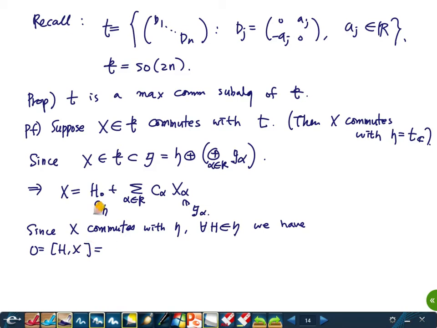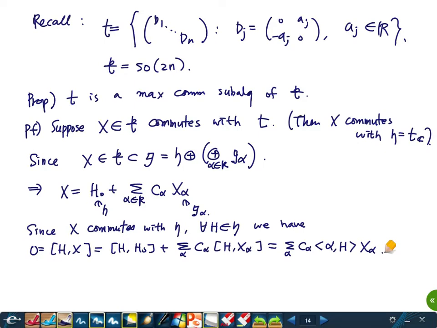But let's expand X using this formula: [H, H0] plus the summation over all alpha in the roots of c_alpha [H, X_alpha]. But X_alpha is in G_alpha, which means it is an eigenvector for the H adjoint map. And [H, H0] is 0, since H is diagonal matrices, so they always commute with each other. So we can rewrite this as the sum of c_alpha alpha(H) X_alpha.